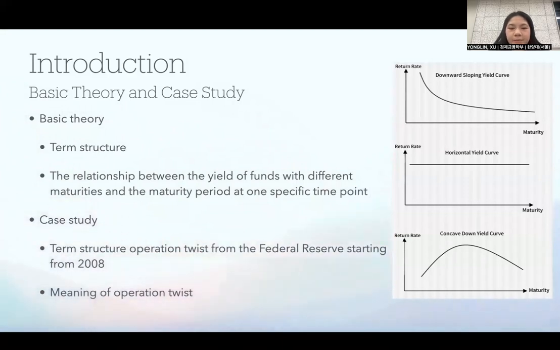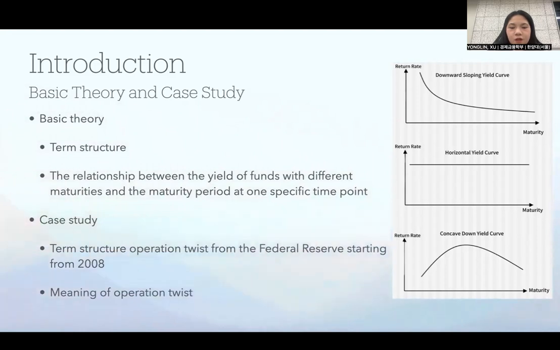So, I'm going to further talk about the meaning of operation twist. This is basically, for example, to sell short-term government bonds and buy a relatively equal amount of long-term government bonds in order to extend the overall maturity of the government bond assets without expanding the size of the balance sheet.